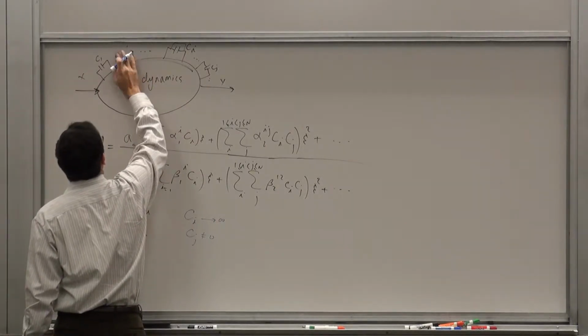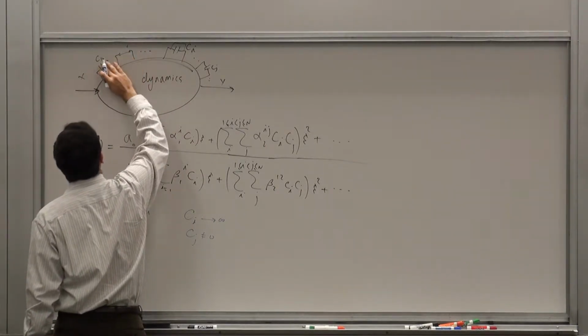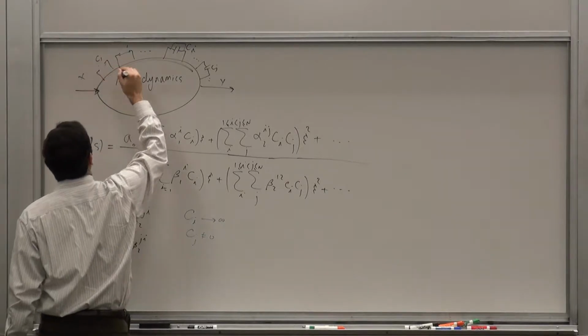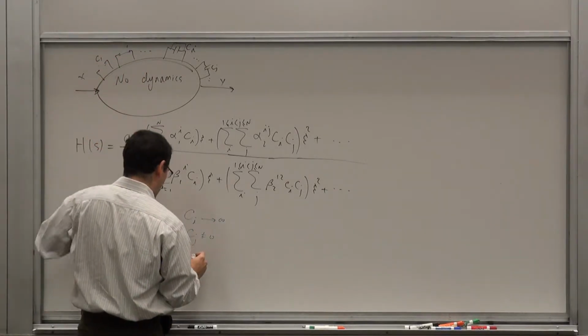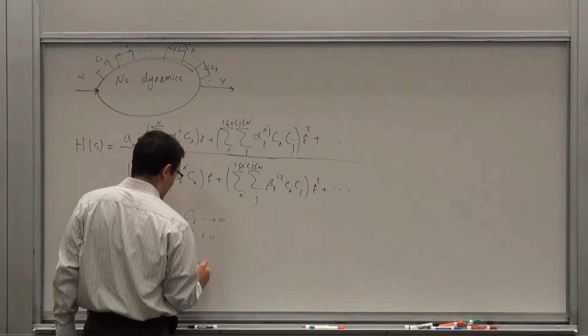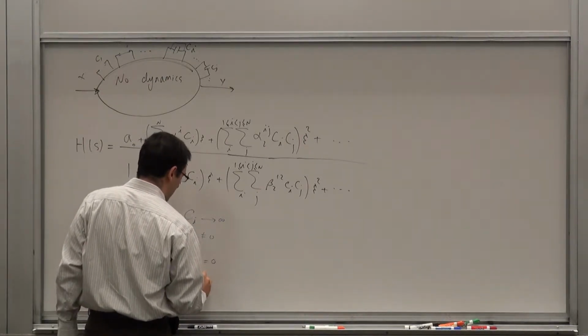Everything else is zero value, so the inductor is open, the capacitor is open. If you have only capacitors, then Ck equals 0 for k not equal to i.